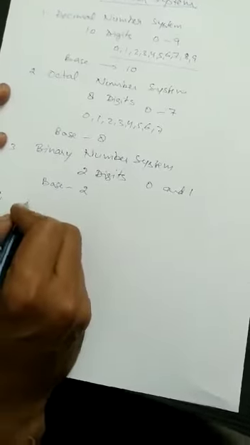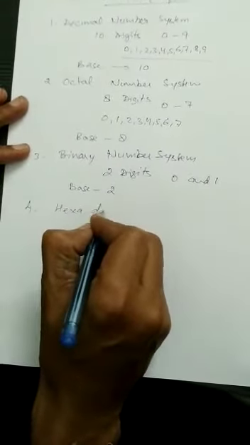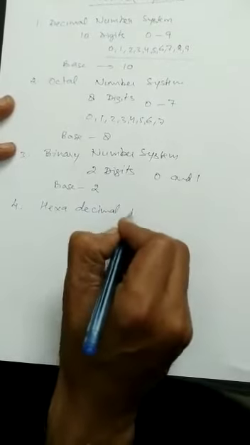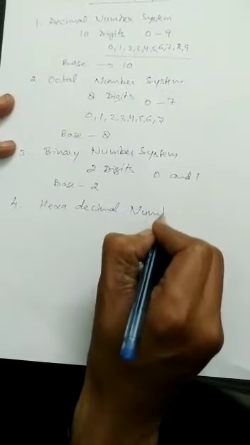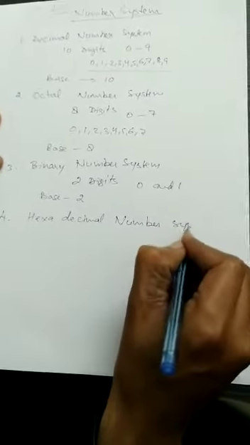Last one is the hexadecimal number system. The hexadecimal number system has 16 digits.